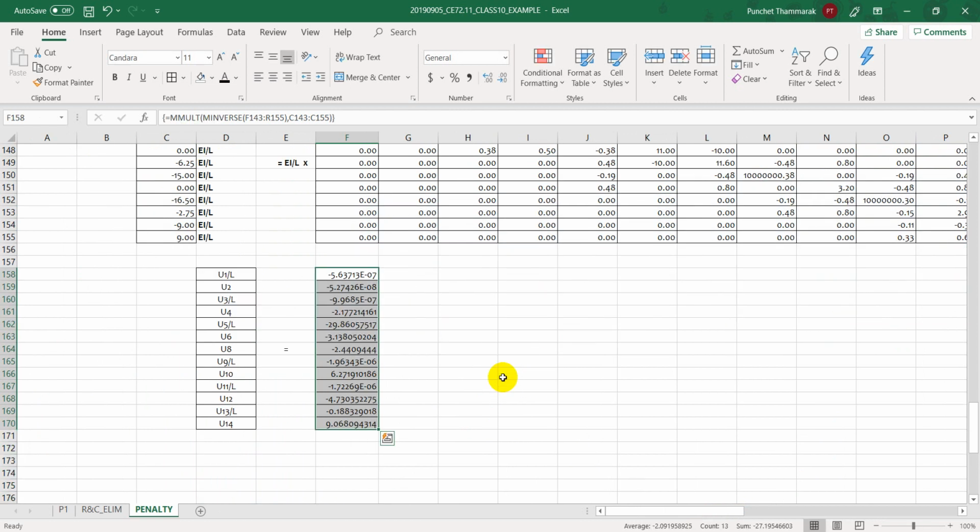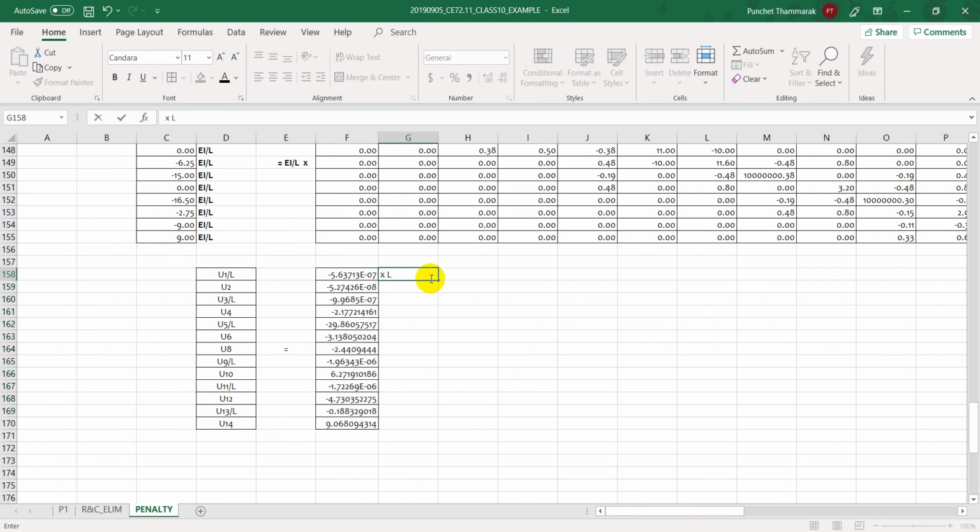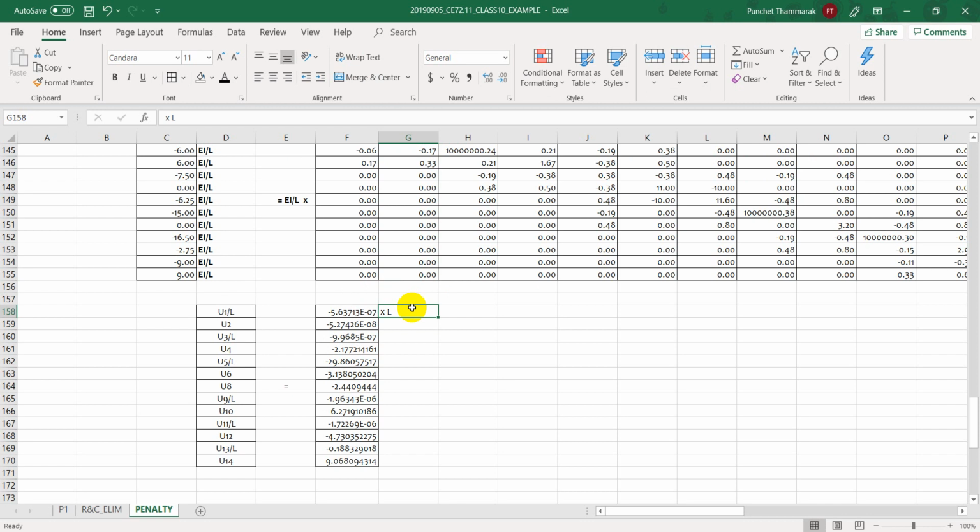Okay, for now this is multiplied by L. You copy and paste and paste and paste.